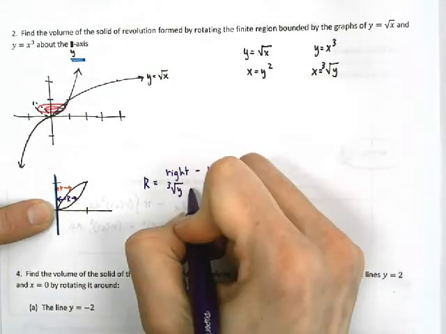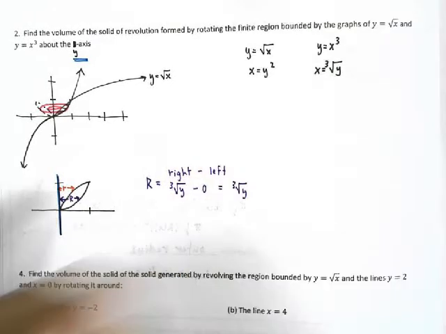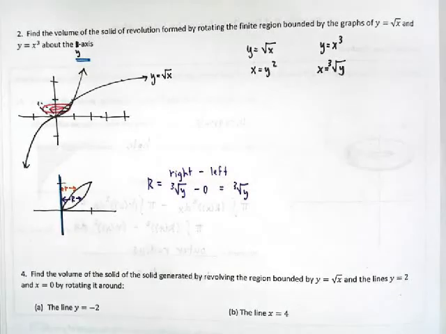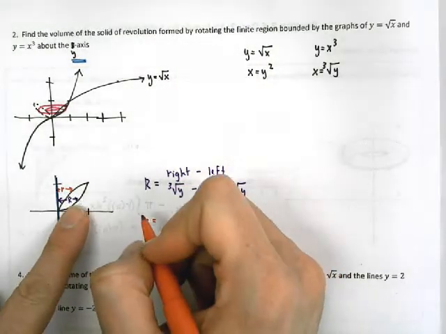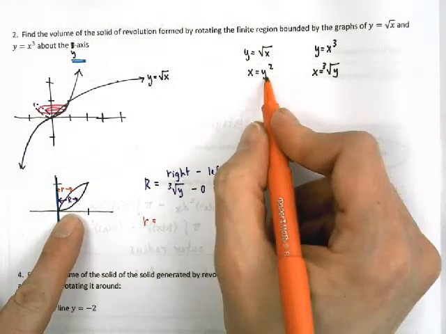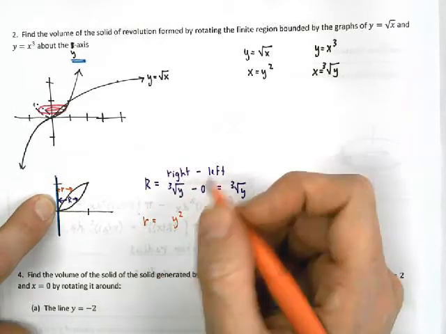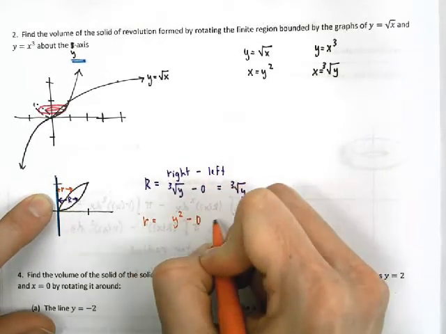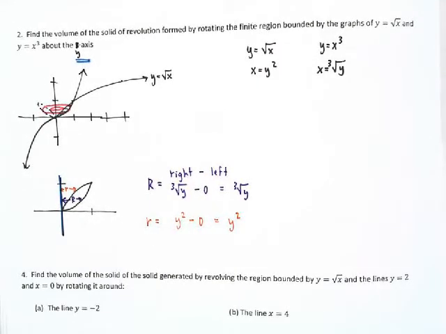My left is the y-axis, so that's just minus 0. So my right is the cube root of y. For my little r, well, my right, that was my square root of x, so I know that's y squared. Again, my left here is the y-axis, so that's just 0. So I have y squared.